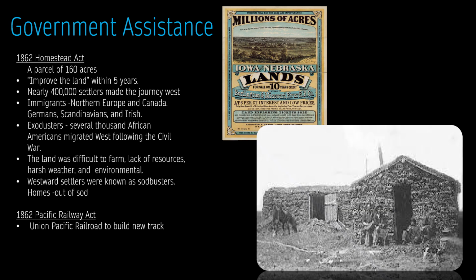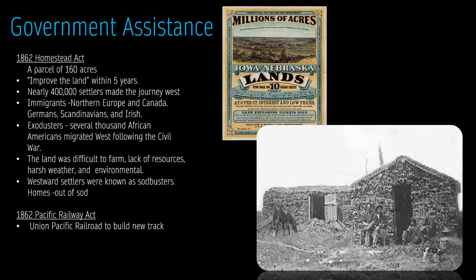There's such a lack of natural resources, and there's a lack of these people knowing how to farm. And remember, they have to improve the land in 5 years, is all they have to do. So there's harsh weather, the soil is tough, and there's hardly any trees, so they do not have lumber.